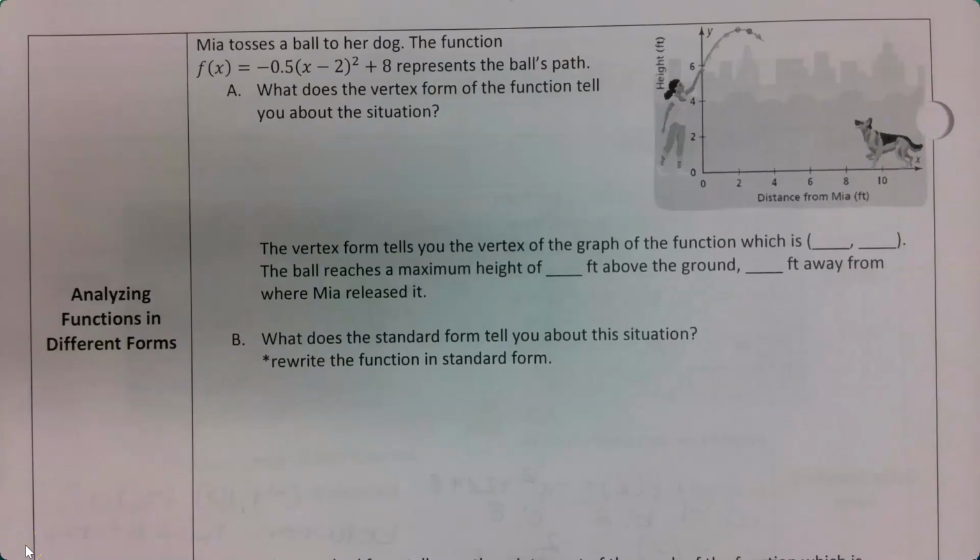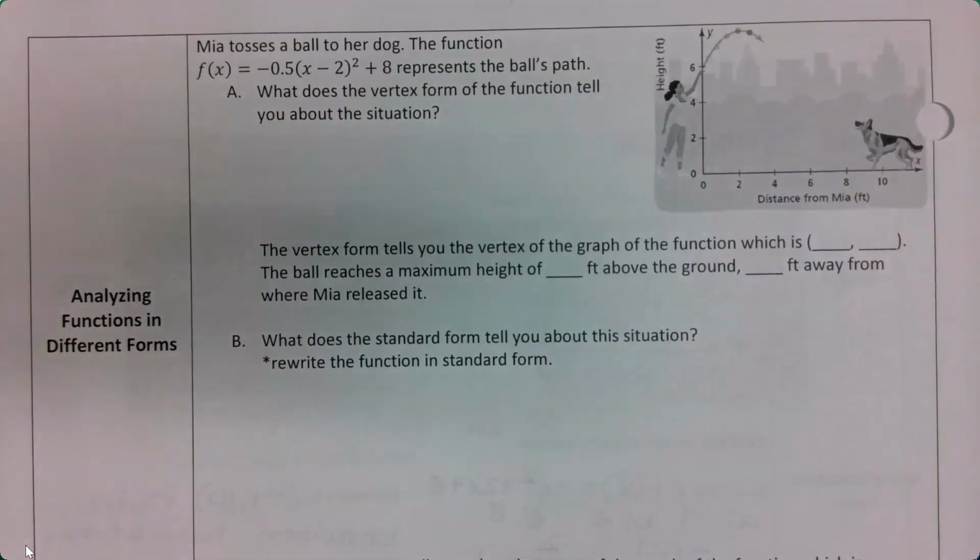Okay, so on the next problem it says Mia tosses a ball to her dog. The function f of x equals negative 0.5 times x minus 2 squared plus 8 represents the ball's path. What does the vertex form of the function tell you about the situation? So I'm gonna just copy down my function right now.